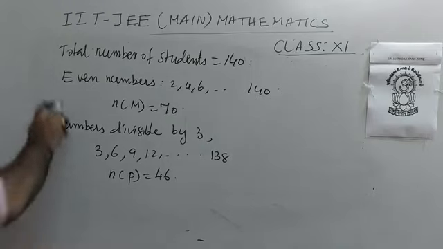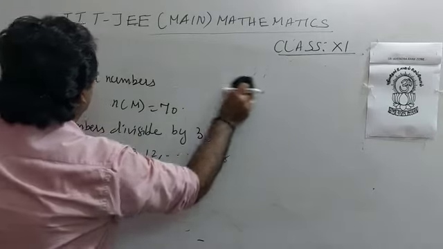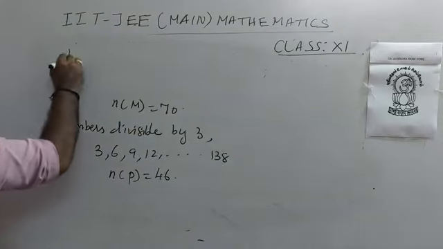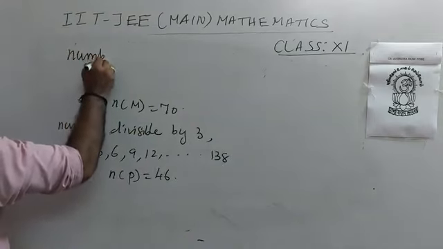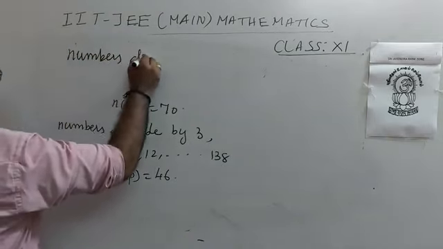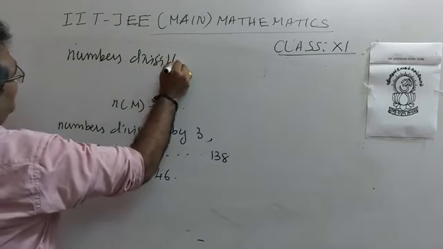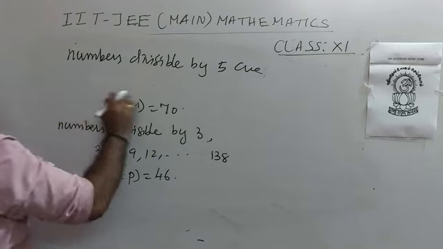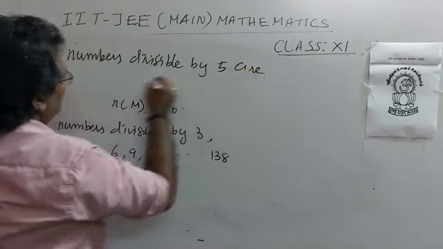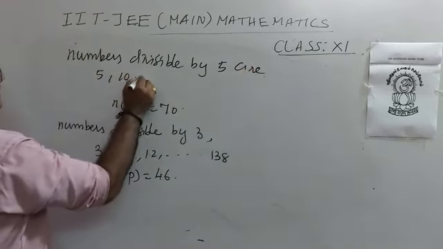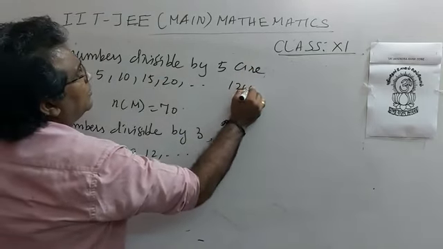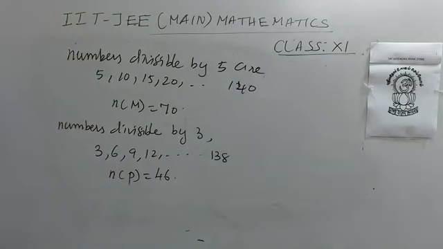Numbers divisible by 5: 5, 10, 15, 20 up to 140.